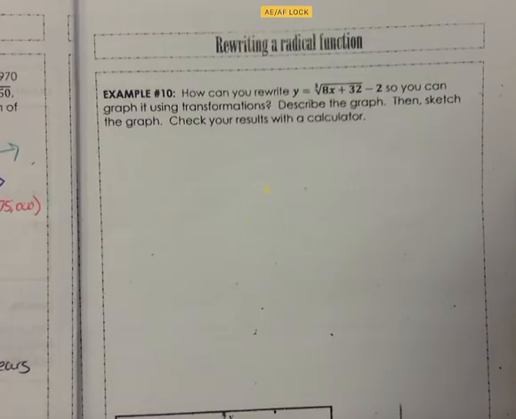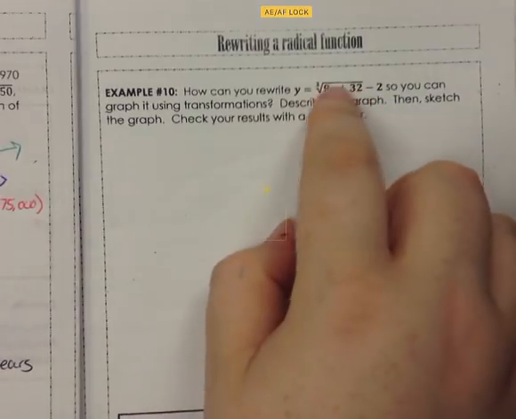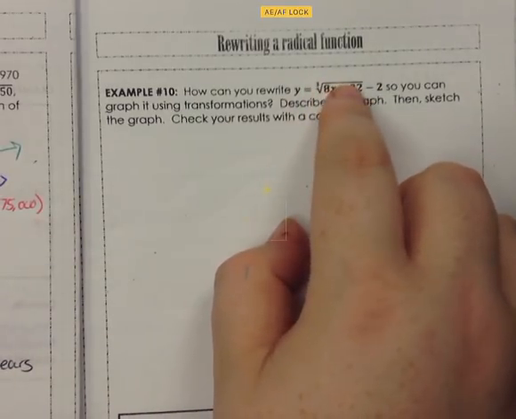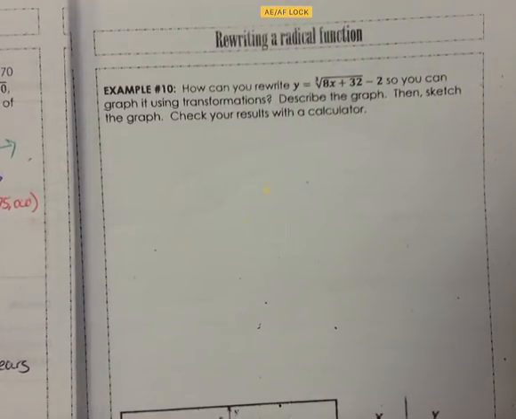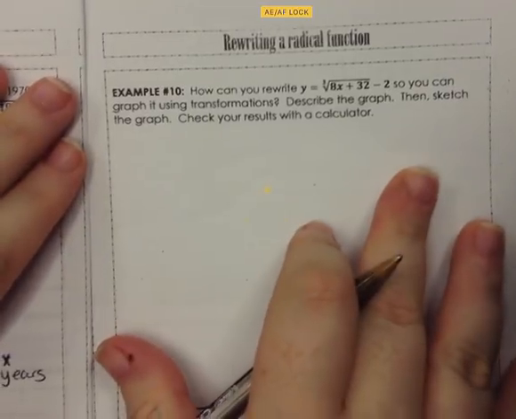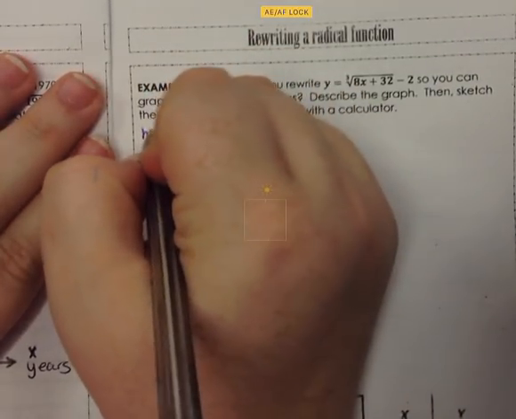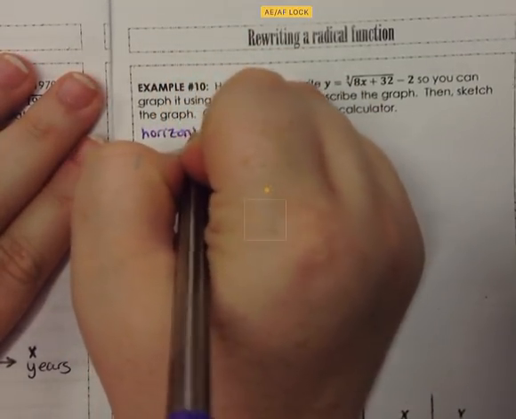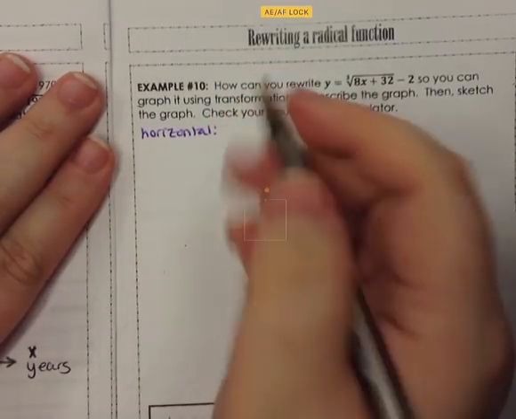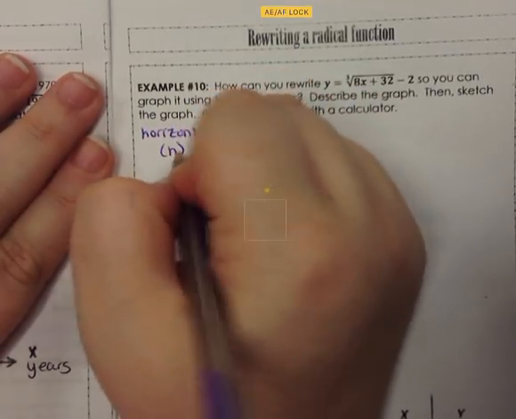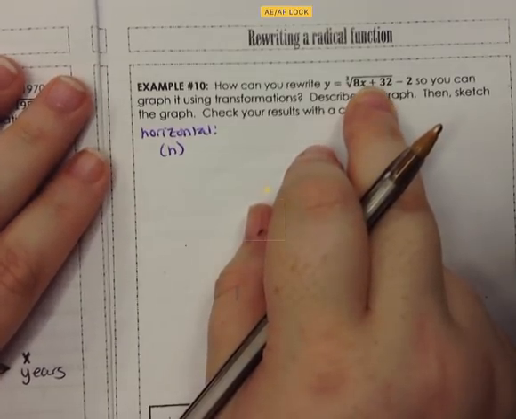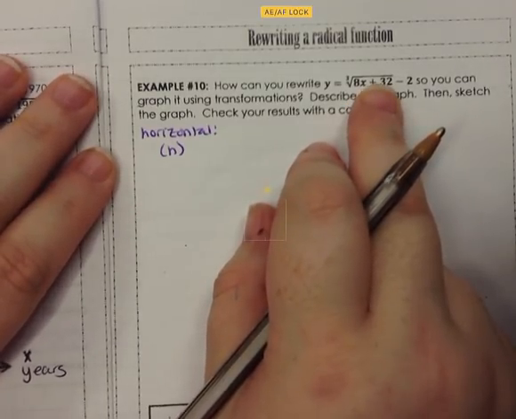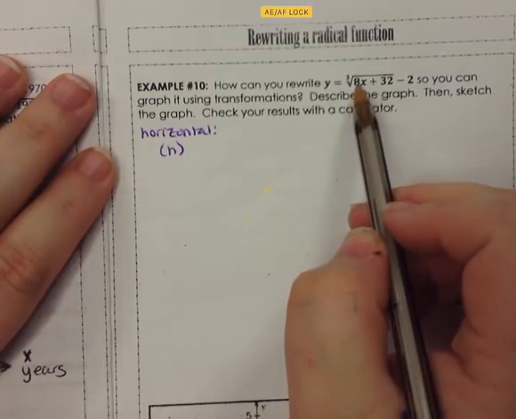So for these, we have to focus on the inside for our h value. For the horizontal, left and right, it is always from the inside, but we always had to change the sign, and we also have something else attached to it.